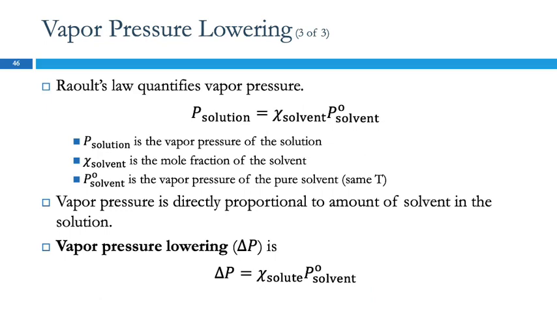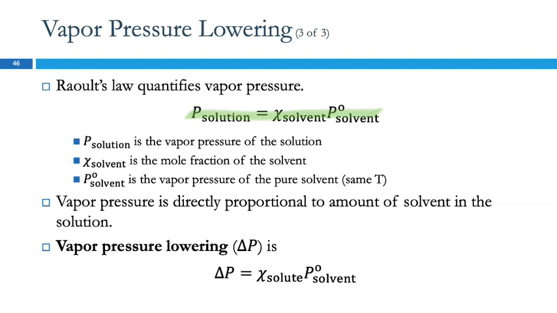So the vapor pressure of a solution is lower than that of the pure solvent. And this is described by Raoult's law, which says that the vapor pressure of a solution is equal to the mole fraction of the solvent times the partial pressure of the pure solvent.